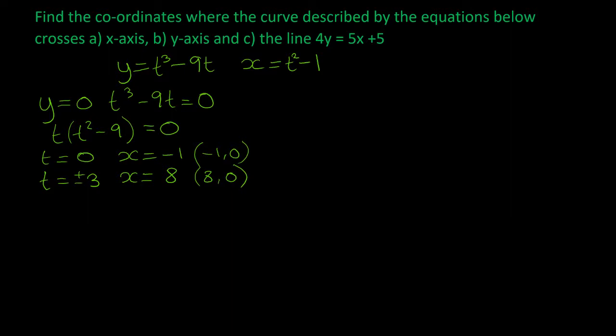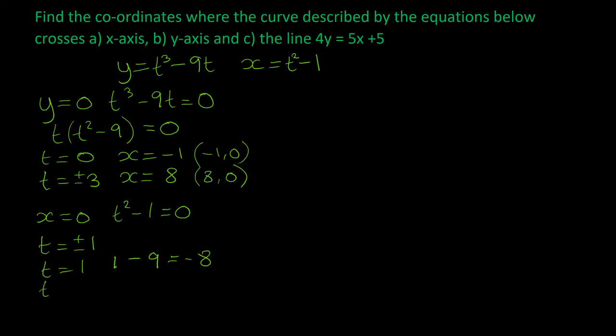And then for the y-axis, we've got x equals 0, which means that t squared minus 1 equals 0, which means that t equals either plus or minus 1. When t equals 1, we're going to have 1 minus 9, which equals minus 8.